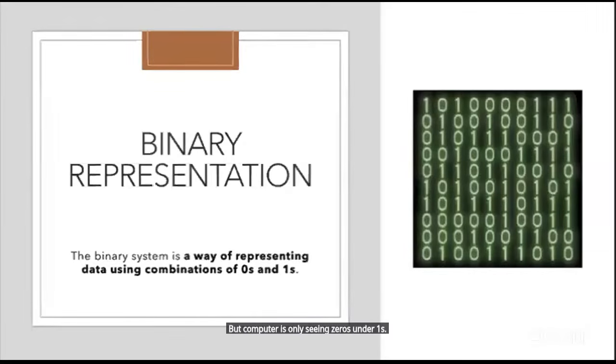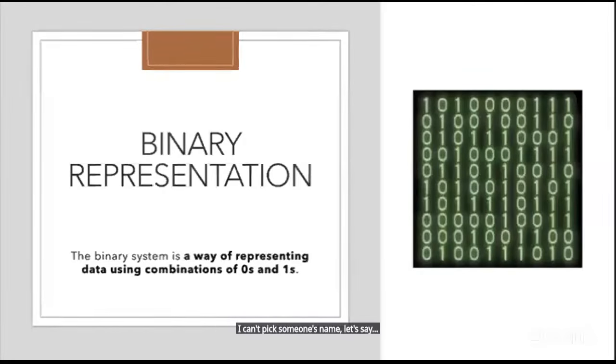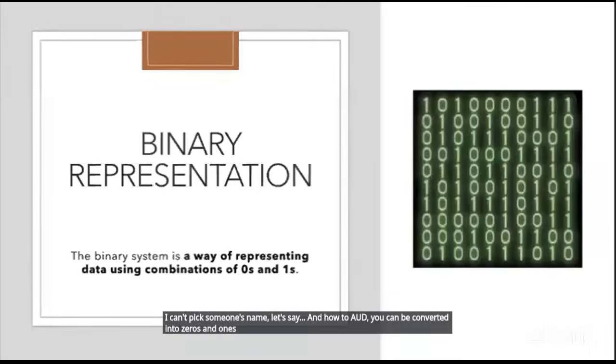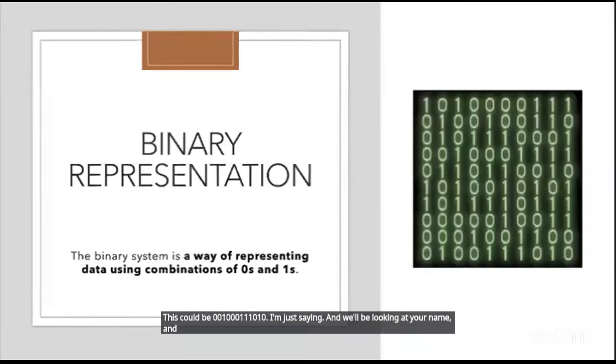So the binary system represents data using combinations of zeros and ones. I can pick someone's name, let's say Audu. And that Audu, A-U-D-U, can be converted into zeros and ones. For example, it could be 001, 0000111010. I'm just saying. You'll be looking at your name and you don't understand this is the binary representation of your name.